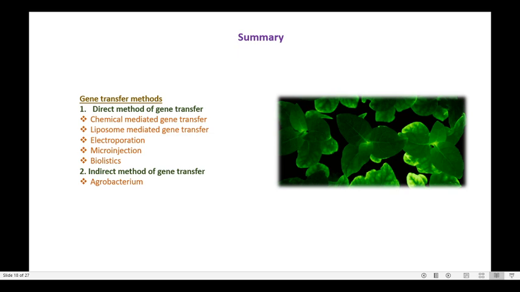There is one more, Agrobacterium rhizogenes, which leads to hairy root disease in plants. That is also used as a gene transfer method in plant molecular biology studies. In the next video, we will see how to select the transgenic plants and microbes.